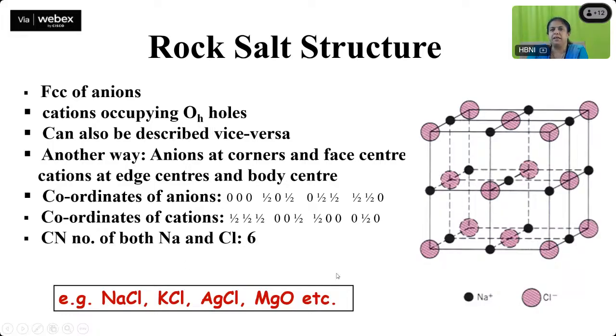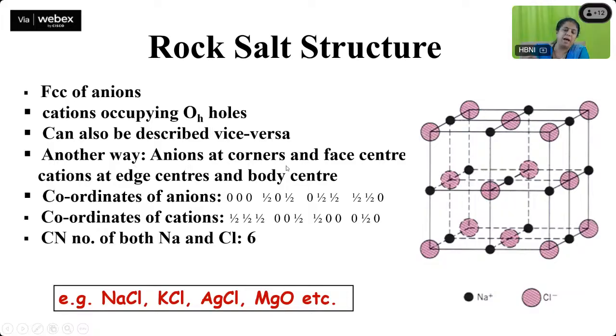Another in close packing, we say that chloride forms the cubic close packing and Na plus occupy all the octahedral voids. Okay. Another way is, I told you, as a unit cell. Now, what are the coordinates?